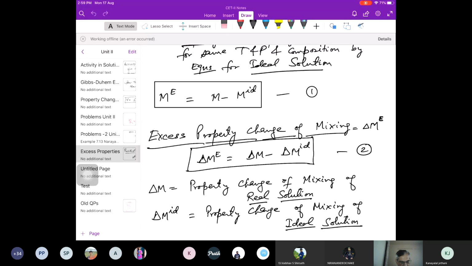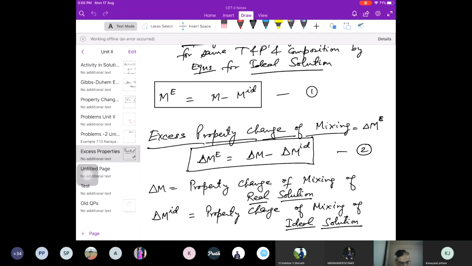Then we define excess property change of mixing. Right? Delta M superscript E. So when you mix two solutions, what is the property change of mixing, that is called excess property change of mixing. मिक्सिंग कर रहे हैं दो solution, तो क्या change होगा?